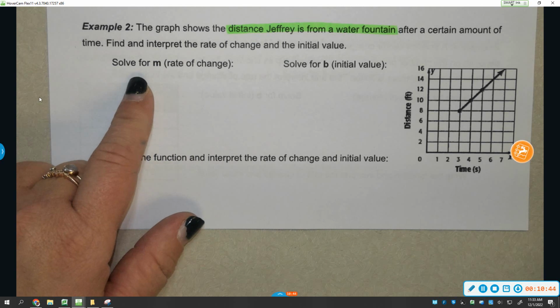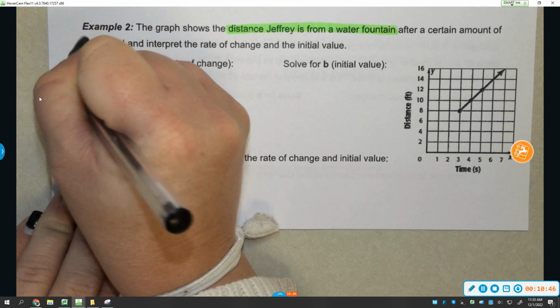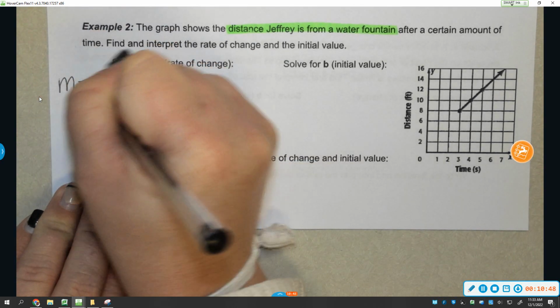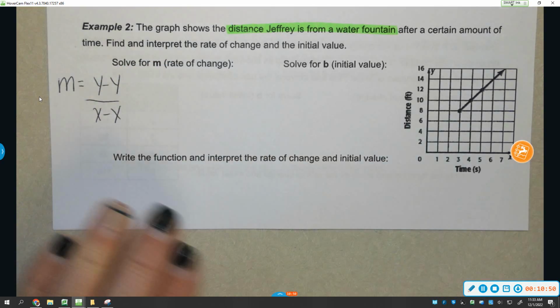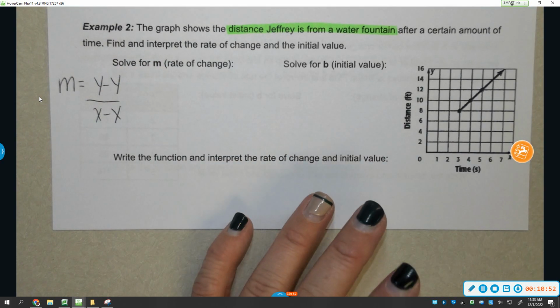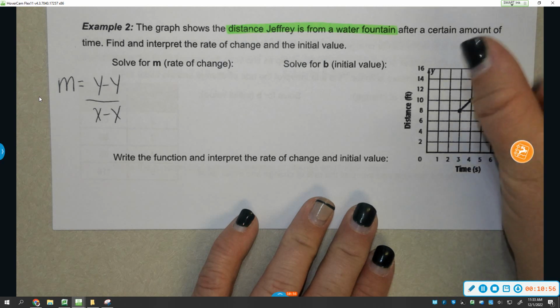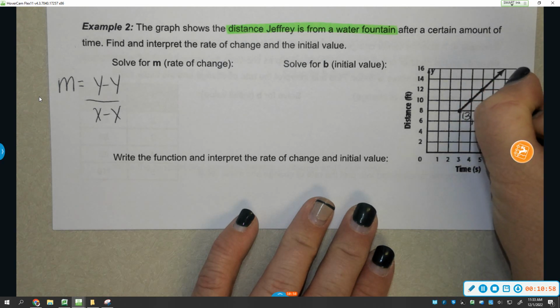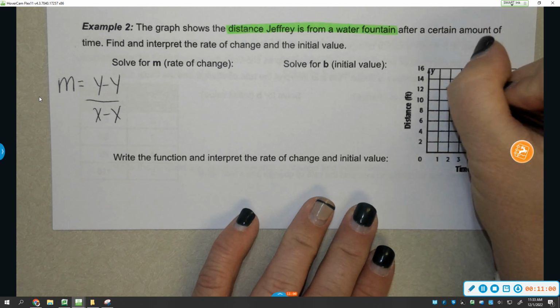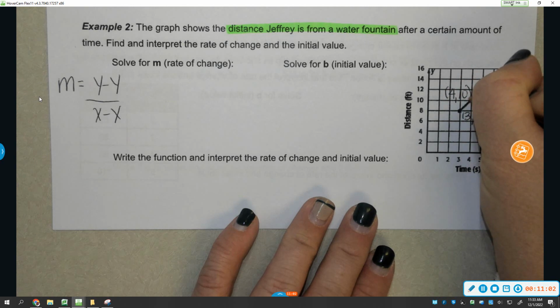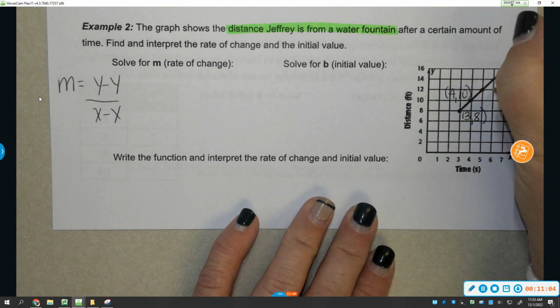So again, let's start off by finding our m by taking y minus y over x minus x. In order to do that, we need to identify these ordered pairs. So we have (3, 8), we have (4, 10), and we have (5, 12).